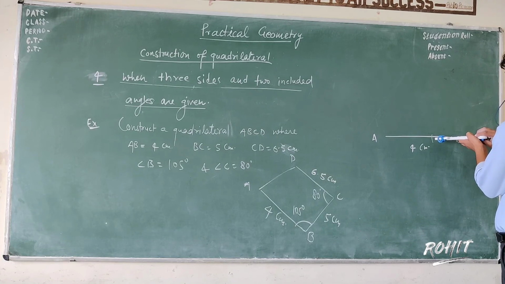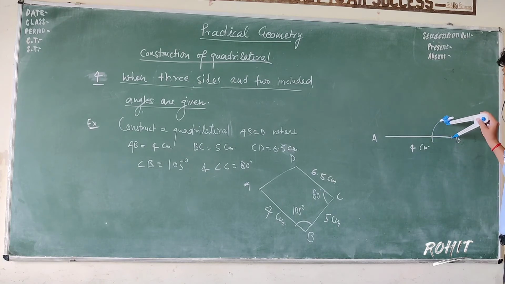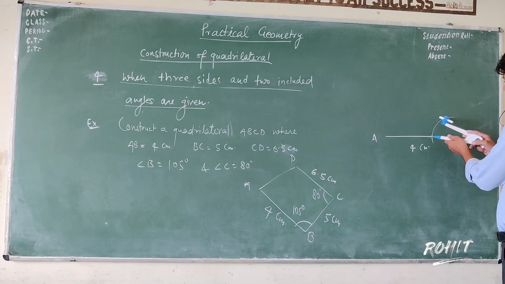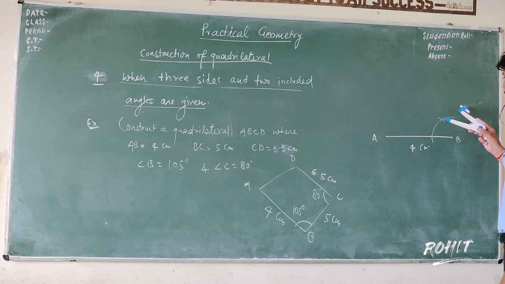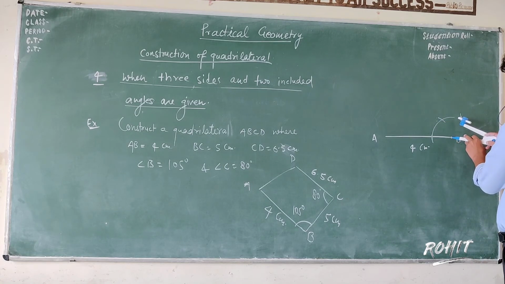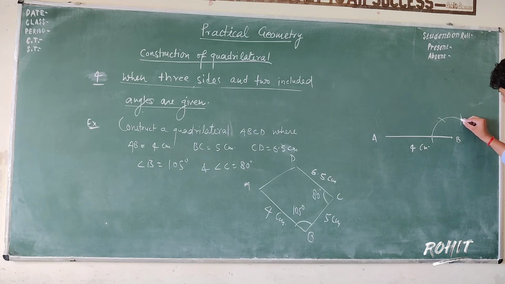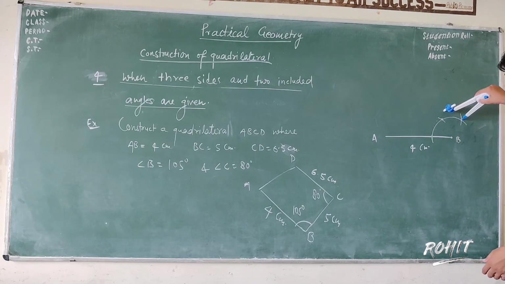Now take this point as center and draw two arcs respectively. One is this, one is this.